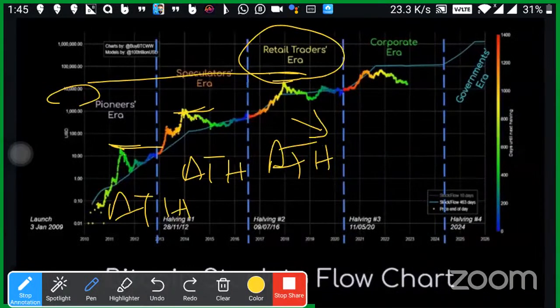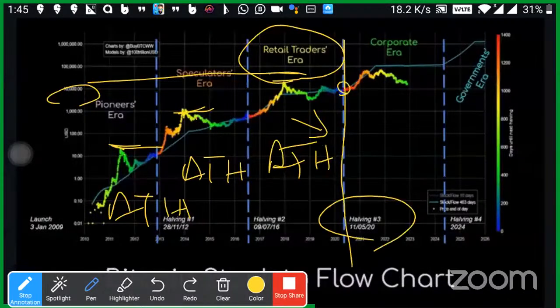And you can see here it touched this point when the third halving happened. So maybe a few of us were at that point in time, witnessing this wonderful event in 2020, when the third halving, the last halving, happened in 2020. Maybe a few of us were there, and you saw that this halving happened and the market started to rise again.